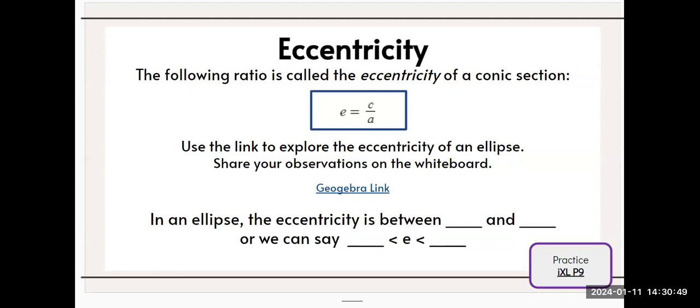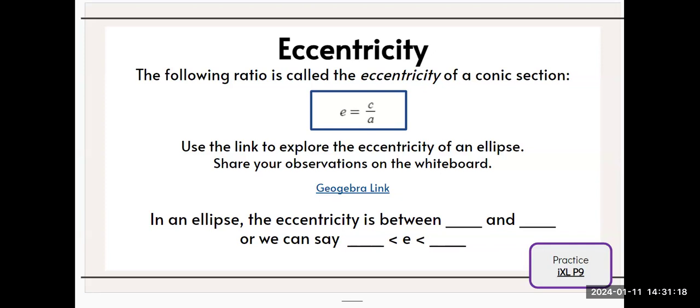Good. E is between 0 and 1. So X gets smaller as eccentricity gets closer to 0. Excuse me, I said that backwards. X gets bigger as eccentricity approaches 0 and smaller as eccentricity approaches 1.